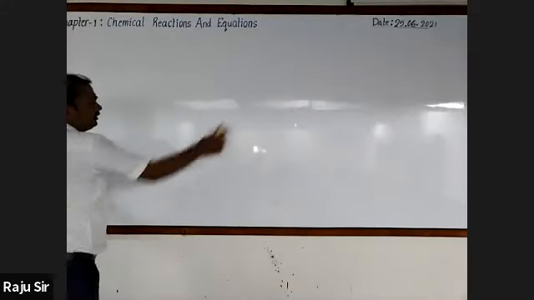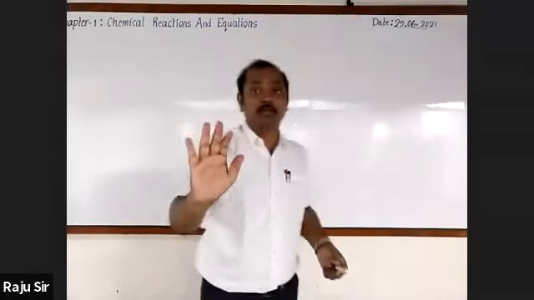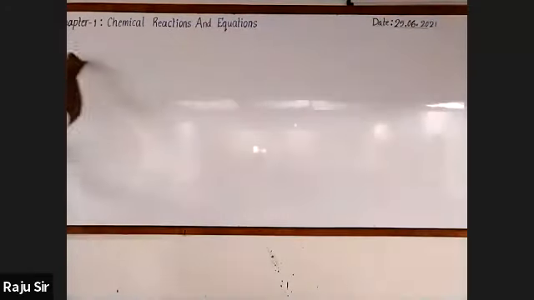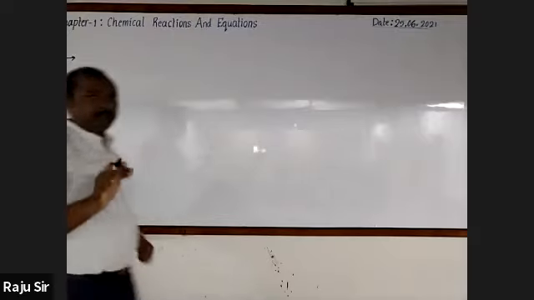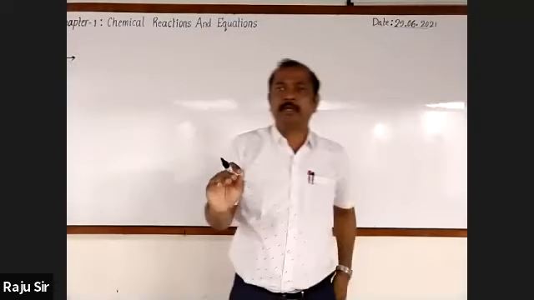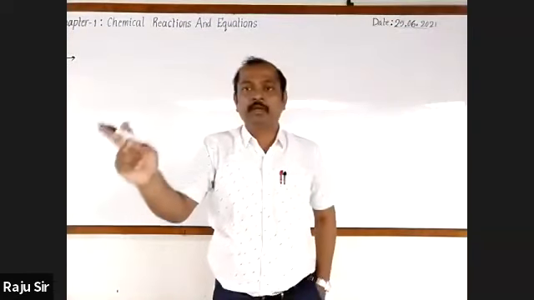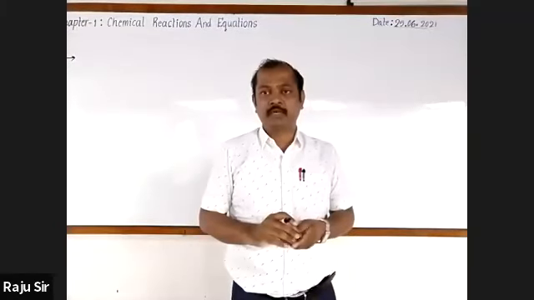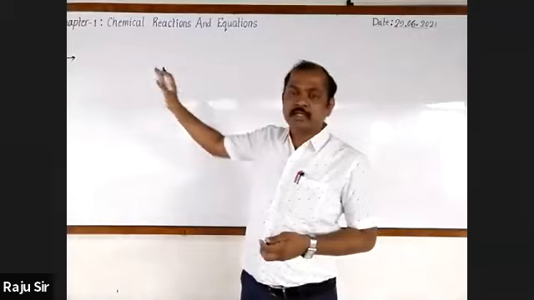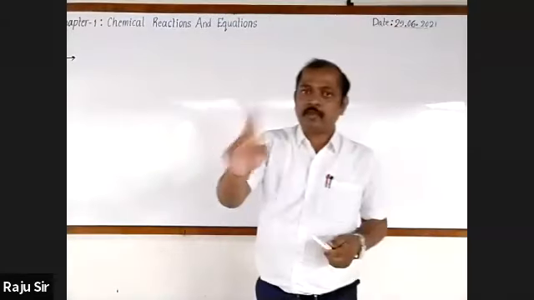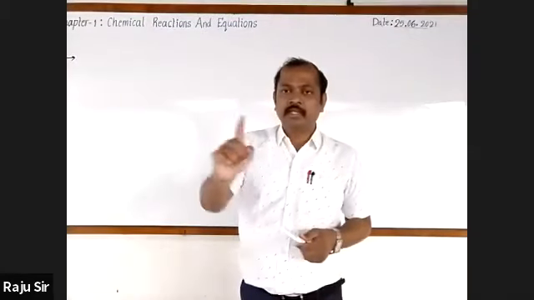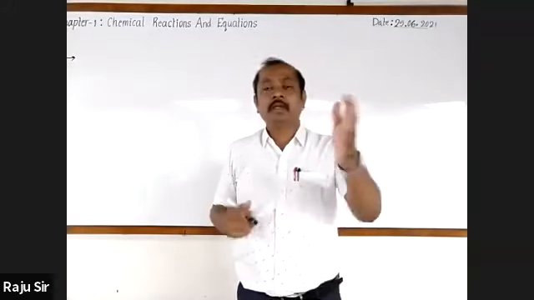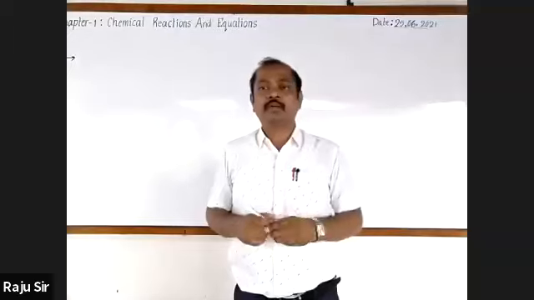I'm not going to write that in detail. Just brief information will be given. In case of the hit and trial method, the very first step is we convert the given chemical reaction into a word equation. In this case, it is iron, that is heated iron, plus steam gives rise to iron oxide and hydrogen.